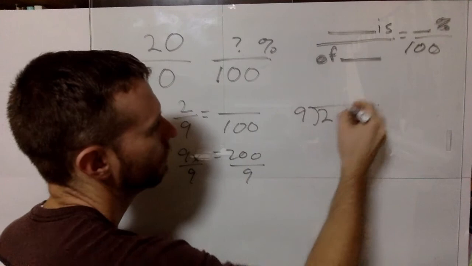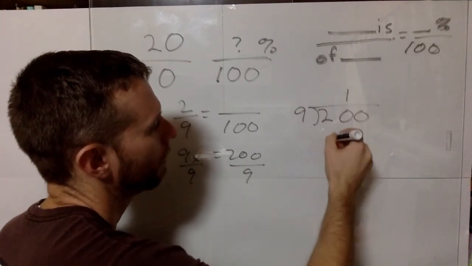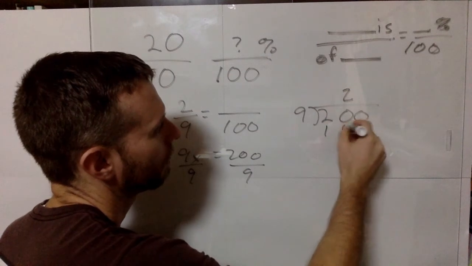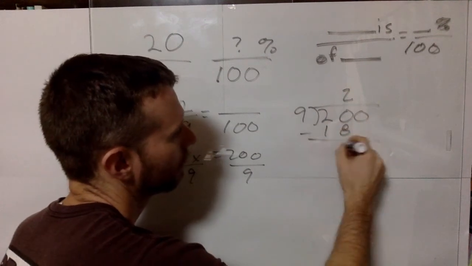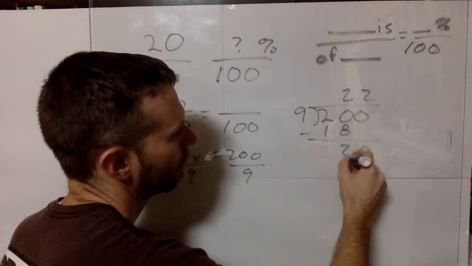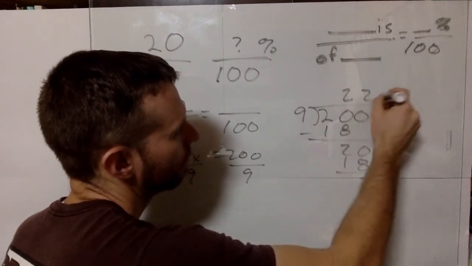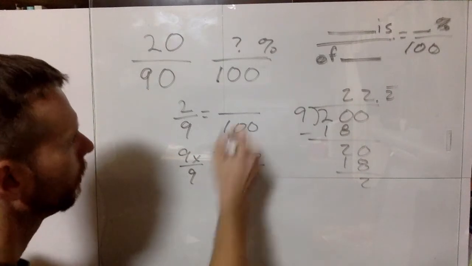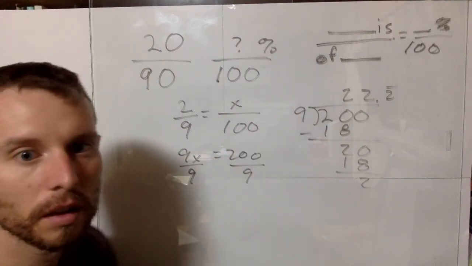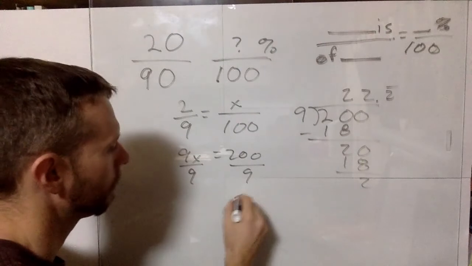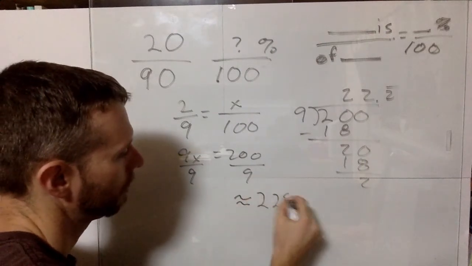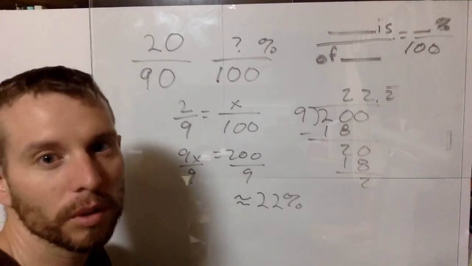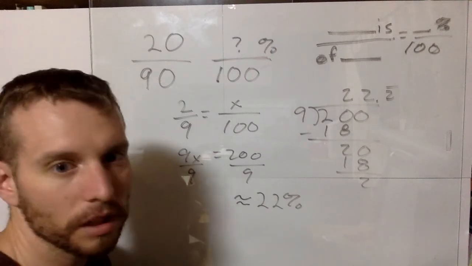So 200 divided by 9 is going to be 22.2, 22.2. I think we can see where this is going. 2 repeating. So the percent increase is approximately a 22, or if you wanted to get really exact, 22.2 repeating percent increase.